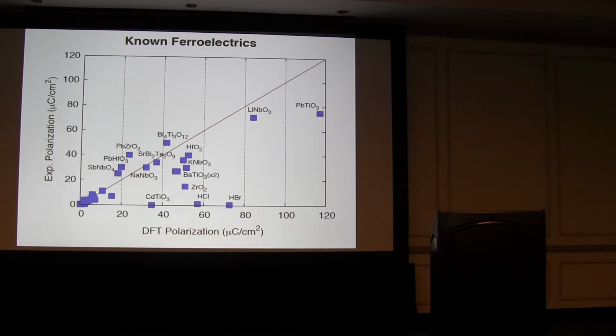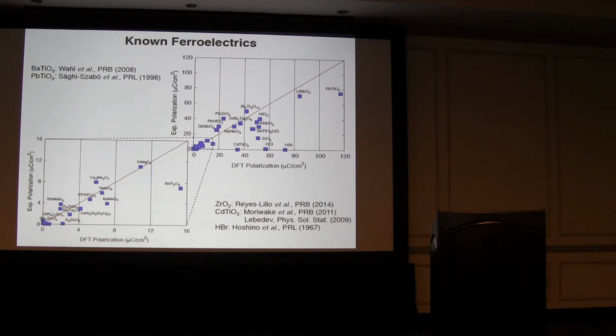Also for the non-ferroelectrics, we compute the polarization. So this is experimental polarization as a function of the DFT polarization. The closer the dots to the diagonal, the better the estimation. Many compounds are close to zero, so let me expand that. Overall, we find that the DFT gives the right polarization.